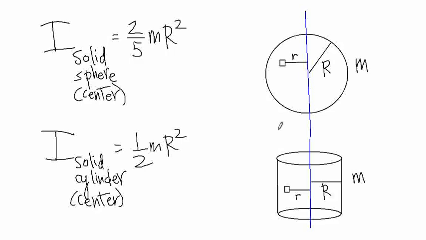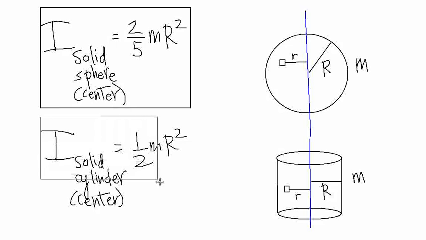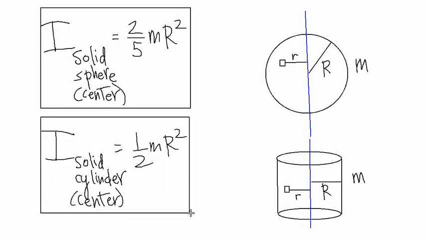But I'll give you the answer that you would get if you did it the hard way. Please write these down, and we will do some examples involving them. And then, as I said, you can do an internet search for a table of moments of inertia, and you will see lots of formulas such as these two.